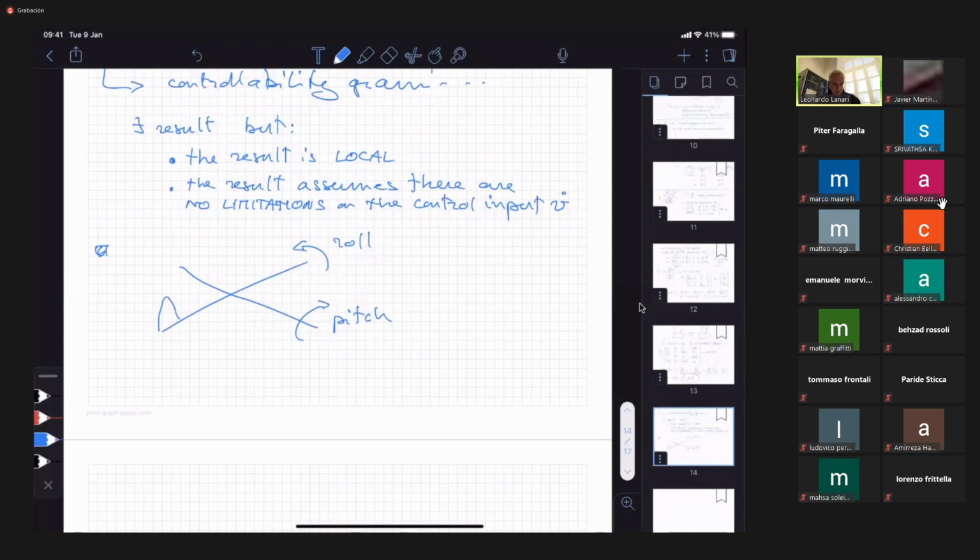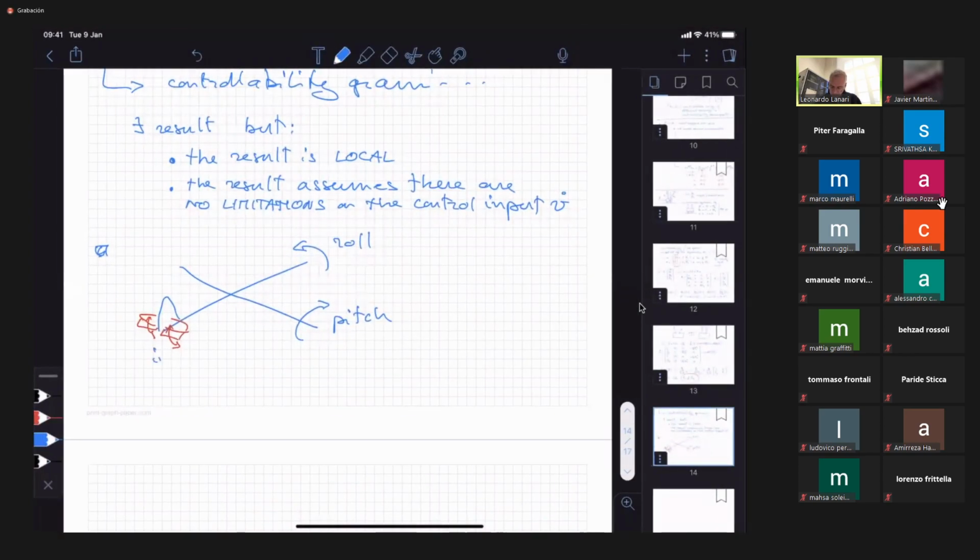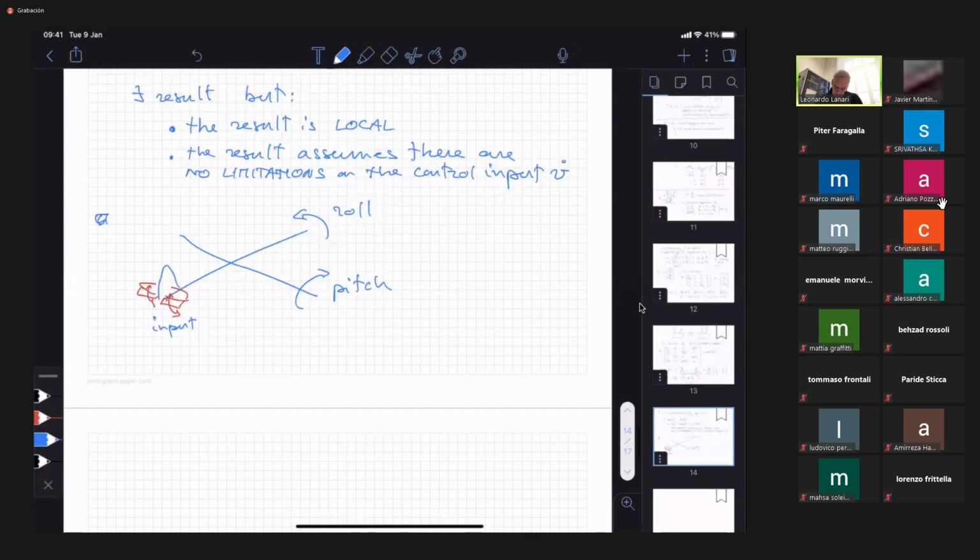If you do a linear analysis, you have these ailerons that could go up and down. So let's consider these as input.